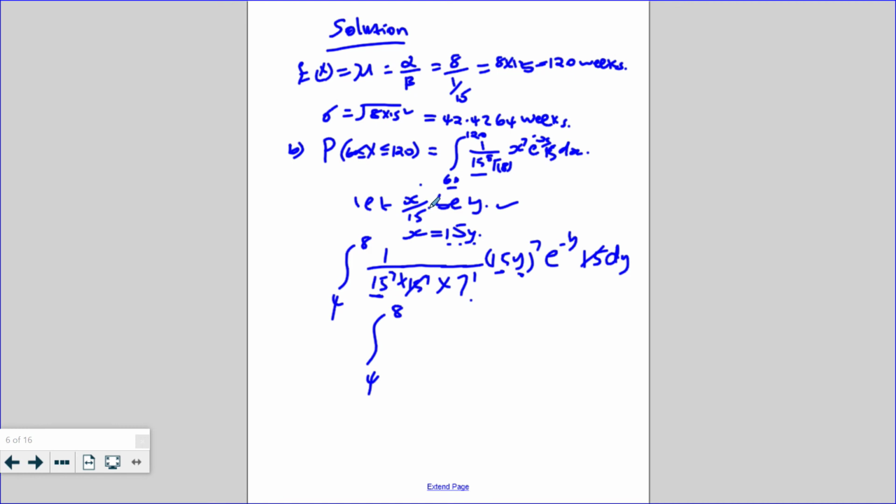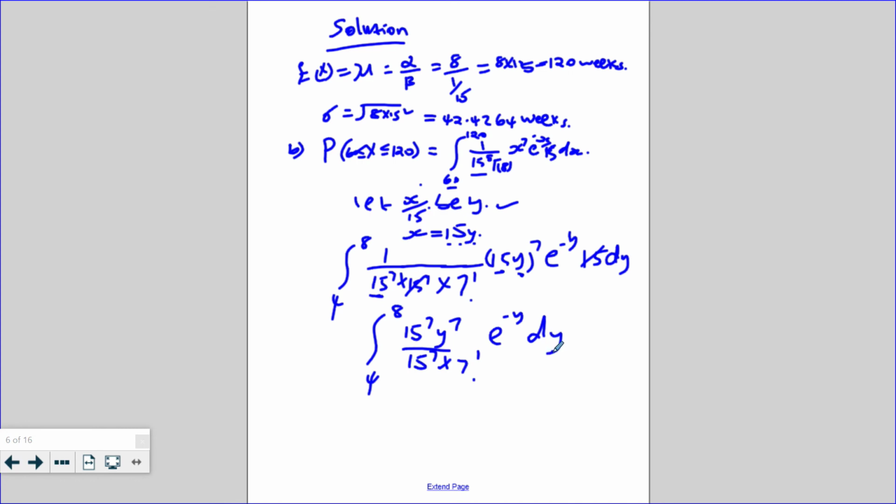So that is why now when substituting it, we can obtain 15 to the power of 7 y to the power of 7 out of 15 to the power of 7 times 7 factorial exponential negative y dy.